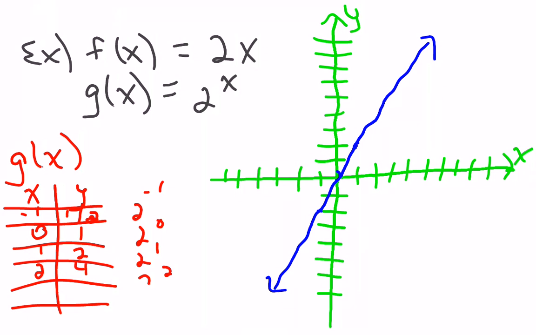So now let's plug those numbers onto our graph. So negative 1, 1/2, we're like right in the middle there. 0, 1, 1, 2, and 2, 4. Up here. I think that looks pretty good.